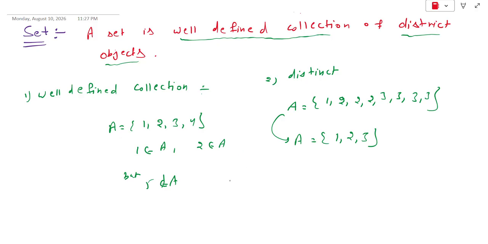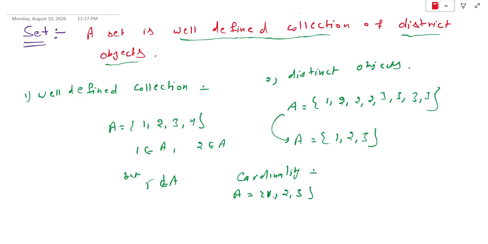And one more word we discuss: cardinality. This is related to my distinct objects. What is cardinality? The number of elements in the set is known as cardinality. So for example, A is equal to {1, 2, 3}.